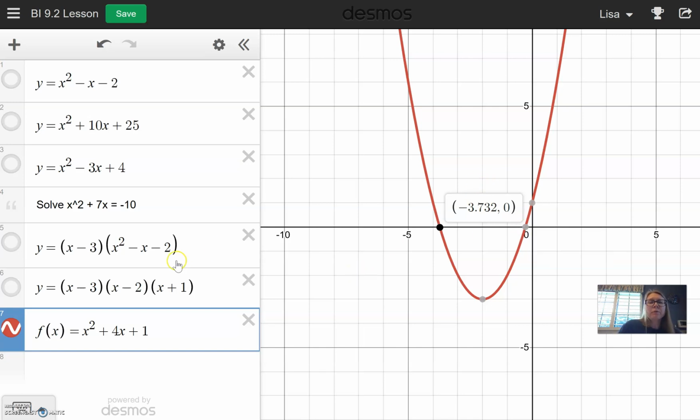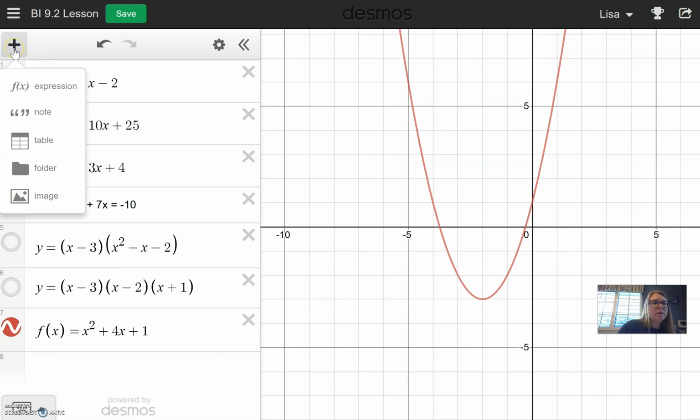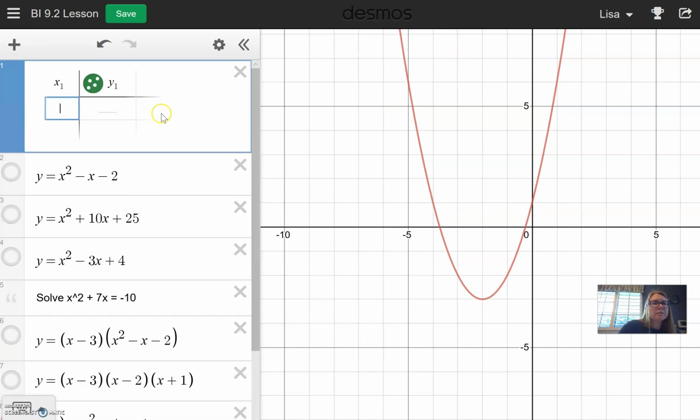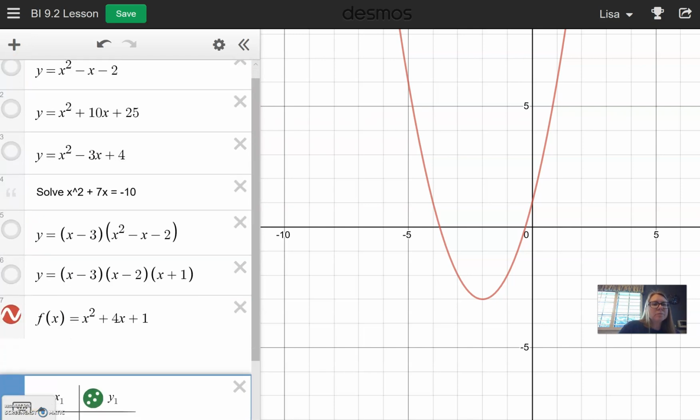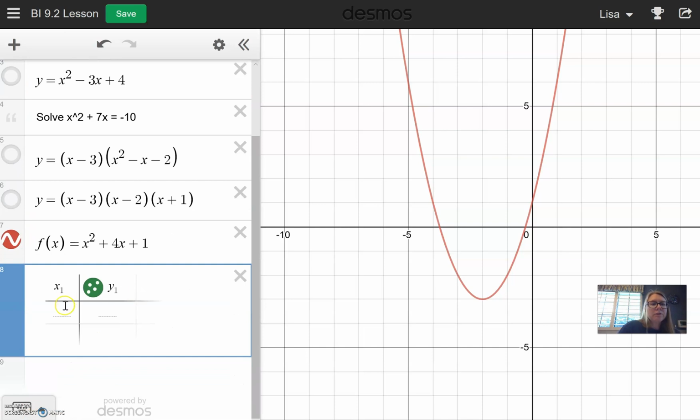All right, so what if you don't have very pretty points labeled for you like that? Well, another function that graphers have is that you can use and create a table. So if I go up here and add an item and choose table, I can actually ask this to build a table. I'm gonna see if I can move this table down here to go with the function I was working on.